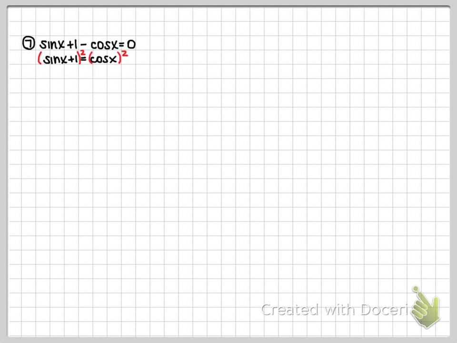So sine x plus 1 squared is just sine x plus 1 times sine x plus 1. That's going to give us sine squared x plus 2 sine x plus 1. And then the right-hand side is going to give us cosine squared x. So at this point, now I've got a mess of trig. If you think about the Pythagorean identities, we have replacements for everything that is squared.